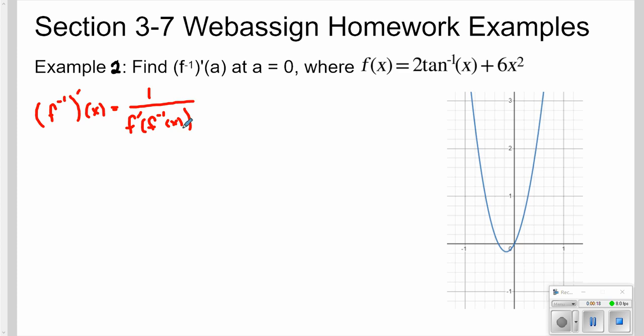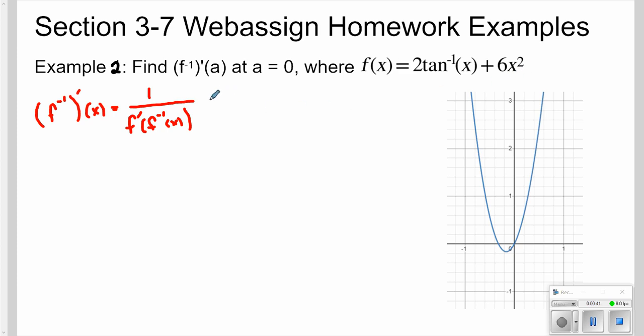We want to find f inverse prime at a equals 0 again, but this time where f of x is equal to 2 inverse tangent of x plus 6x squared. And I don't think that we've gotten any experience dealing with functions like that. So where do we go?